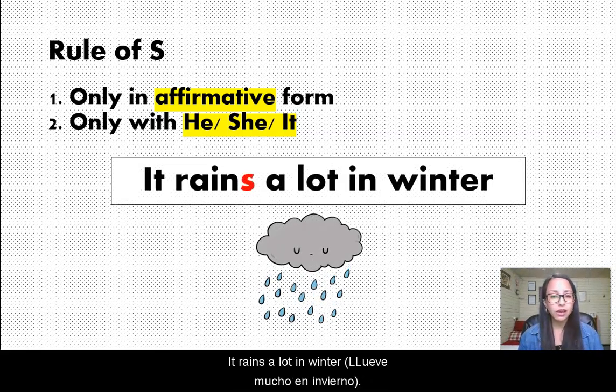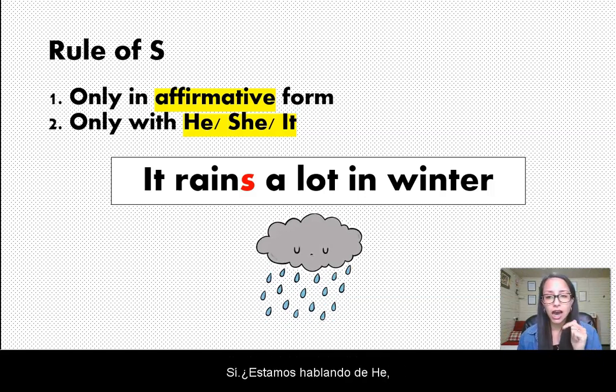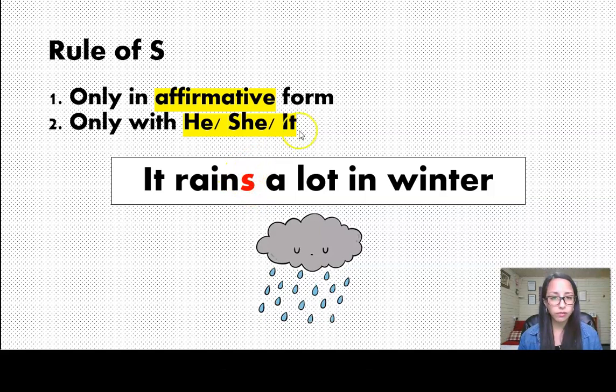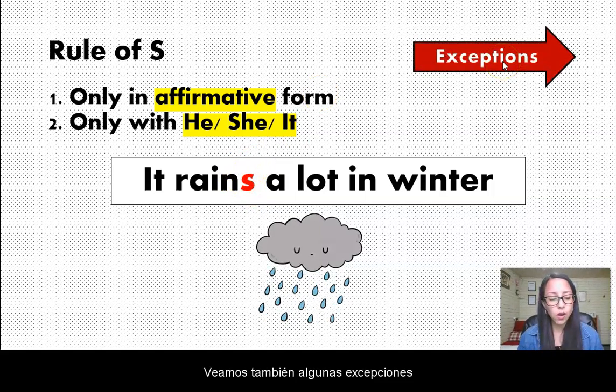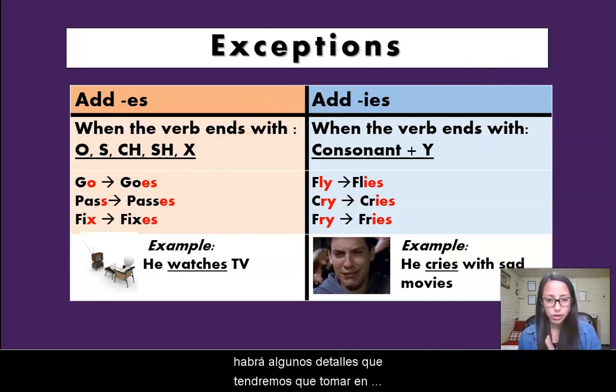For example, it rains a lot in winter. Are we talking in affirmative form? Yes. Are we talking about he, she, or it? Yes. Therefore, we have to add letter S to the verb. So let's continue with some exceptions as well, because depending on the way the verb ends, we are going to have some differences, some details that we have to take into account.